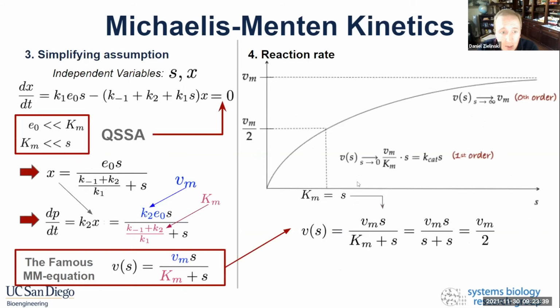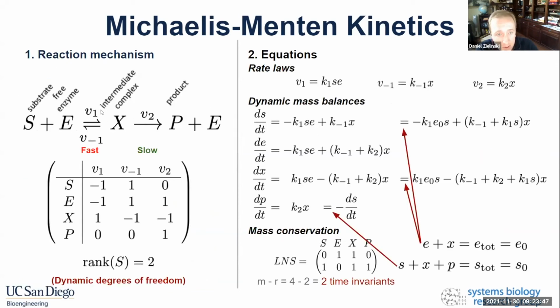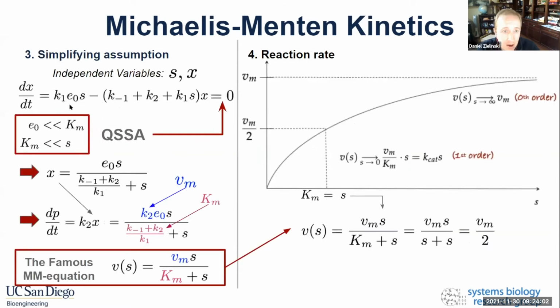Okay, so how do we get from these mass balances to the Michaelis-Menten? Well, the key assumption is that we do a steady state on our intermediate complex. So we say that our intermediate complex X is not changing over time. So we do a steady state mass balance on that complex alone.